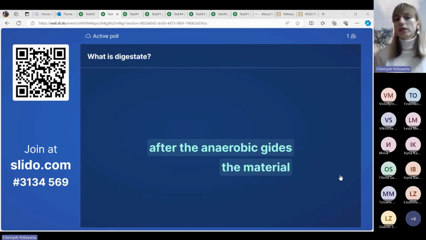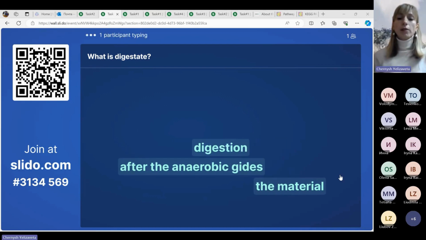And what can we do with this digestate? Mostly it's a very suitable nutrient that can be used in agriculture as organic fertilizer. So digestate can be very useful as organic fertilizer. And we get digestate after anaerobic digestion.